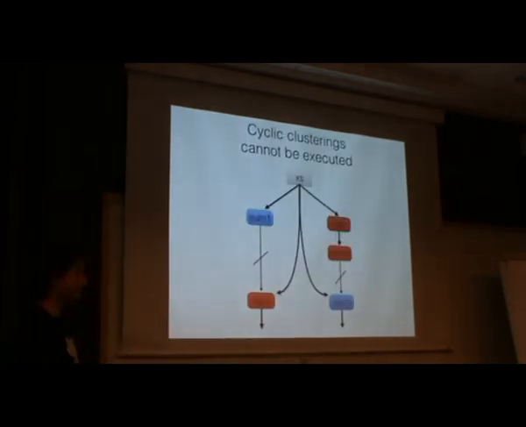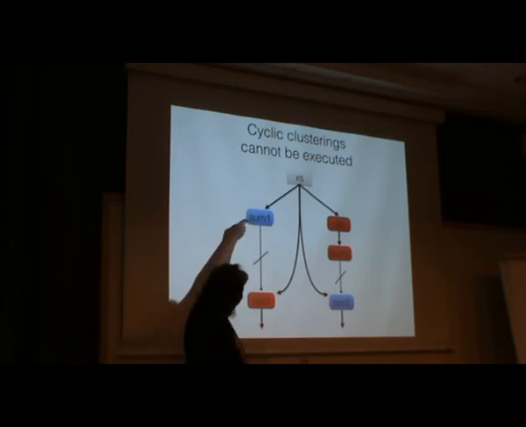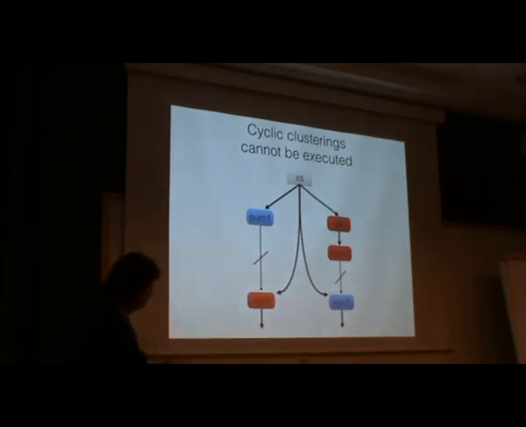But not all clusterings that we could implement as single loops can actually be joined together. So if you look at this, we've got the blue cluster, which is sum1 and nor2, and you could write a single loop that does that computation.